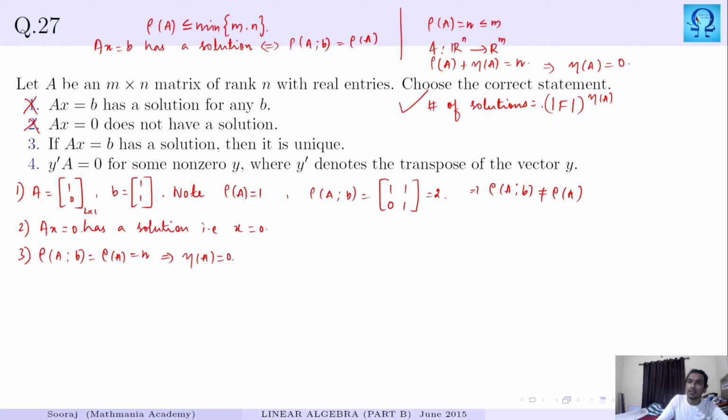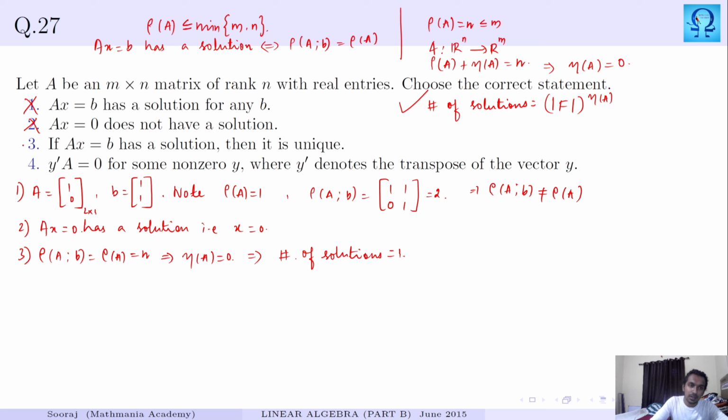When the nullity is 0, the number of solutions is cardinality of F to the power nullity of A. Anything raised to the power 0 means the number of solutions is 1. We are done, right?